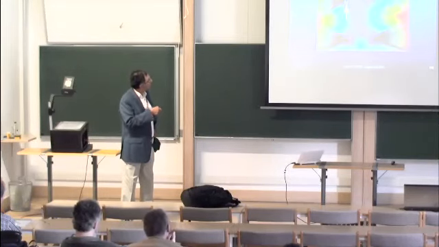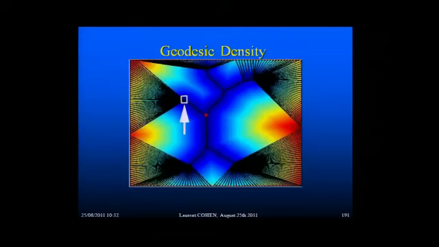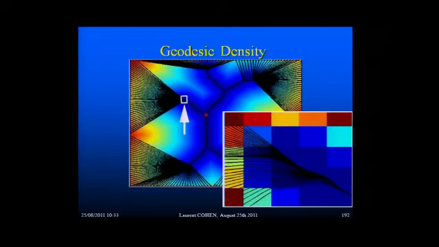So all points here will go in a straight line to the closest point on the tree structure, and then follow the tree structure till the starting point. So you see that all around, you have a lot of geodesics, and all these geodesics will pass by this small section of the tree structure. You see here how all the geodesics converge to the same path.